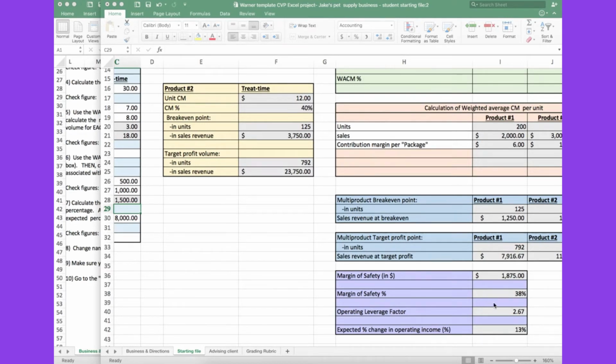And so that's what this number is. For every percent increase in sales, our profits are going to increase by 2.67 percent. And the reason this occurs is because of the cost structure of your company. The cost structure is the relative proportion of fixed versus variable costs.